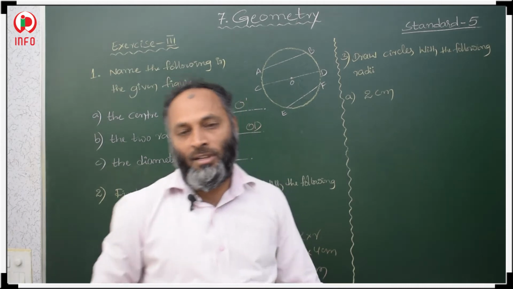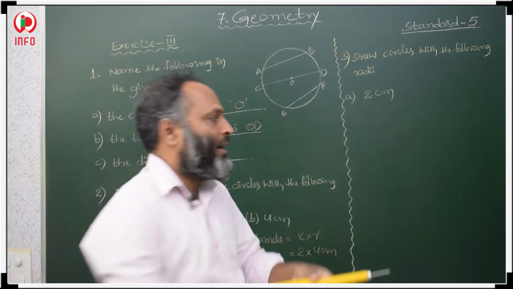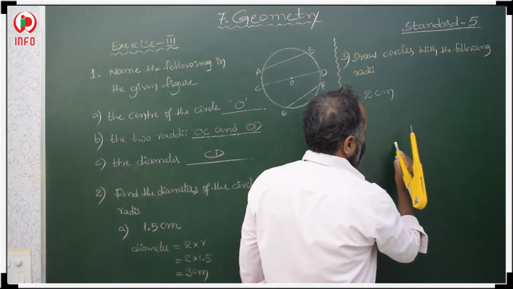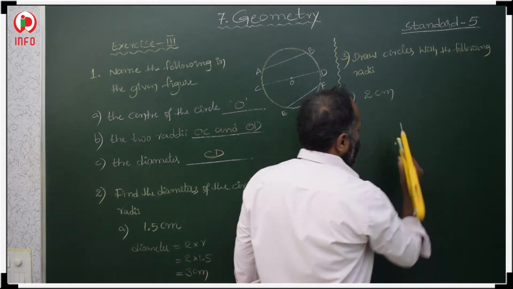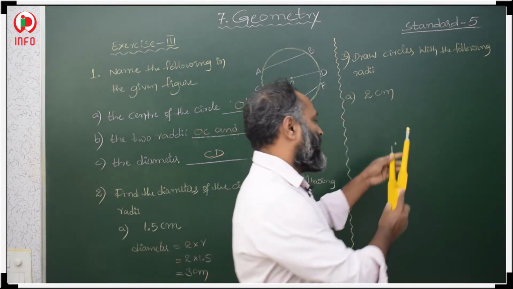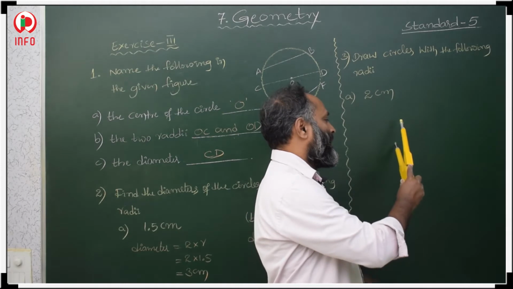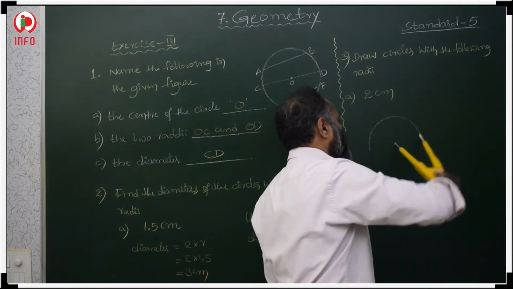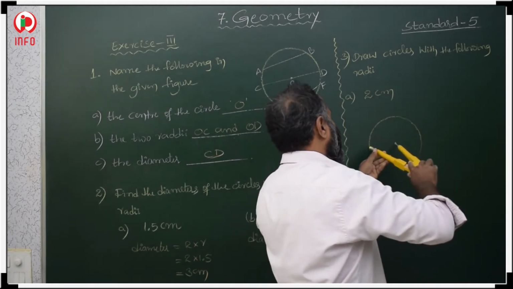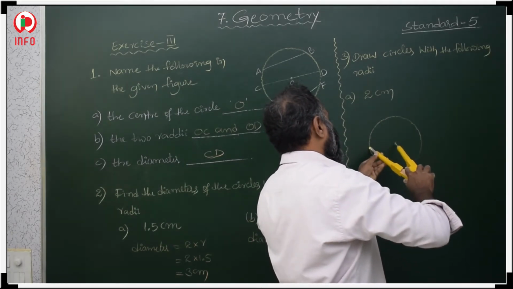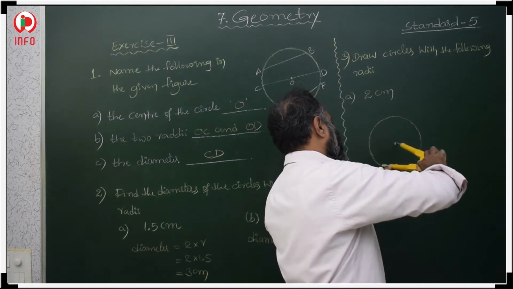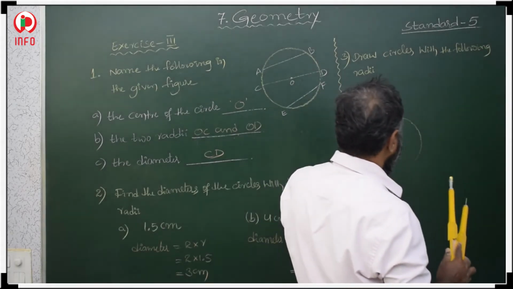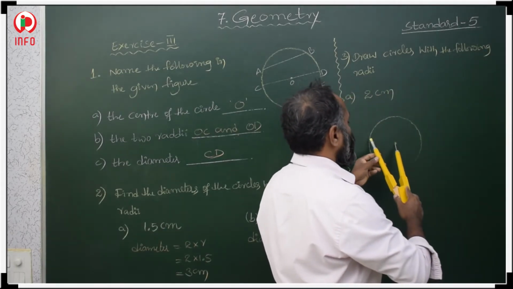Then with the sharp end, first you mark a center. Keep the sharp end on the center and rotate the other hand. Then you will get a circle of 2 centimeters radius.